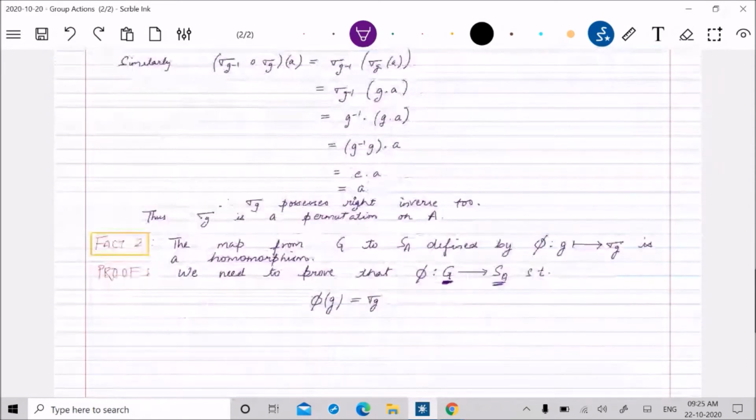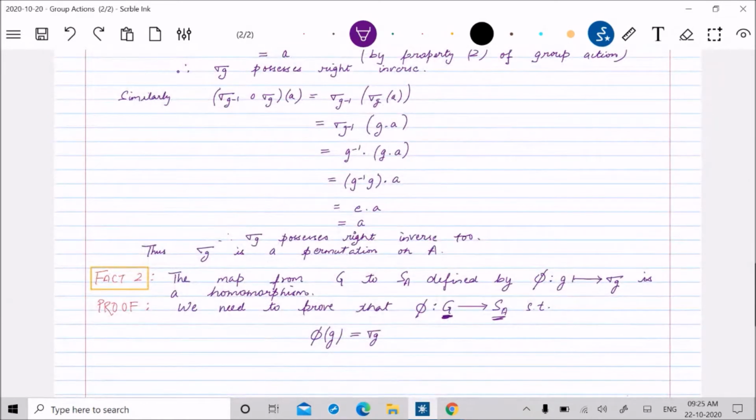Because all the permutations of capital A are in set SA, right? So this is how the homomorphism, and you have to prove that this is a homomorphism.